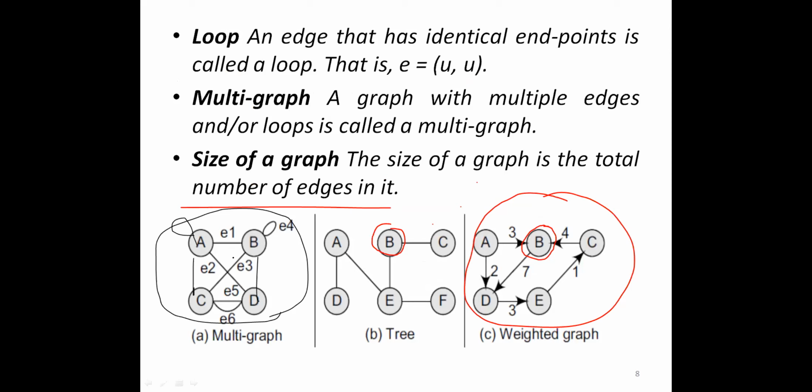Because it has more edges. This we can say is the second graph. Already we said a tree is a special kind of graph. When you take this, we can say it is a sparse graph. Why? Because it has fewer edges. Even though it is connected, every node is connected, there is a limited number of edges. That kind of graph we call a sparse graph.